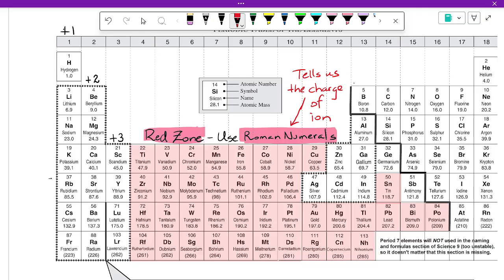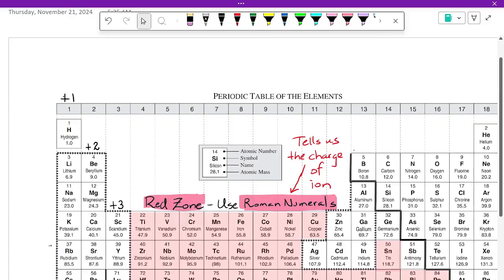Now, while we are here, do you guys know the Roman numerals for 1 through 6? No, okay. I'm going to teach you the Roman numerals for 1 through 6. And we're going to put them on here. Okay? 1 is really easy.